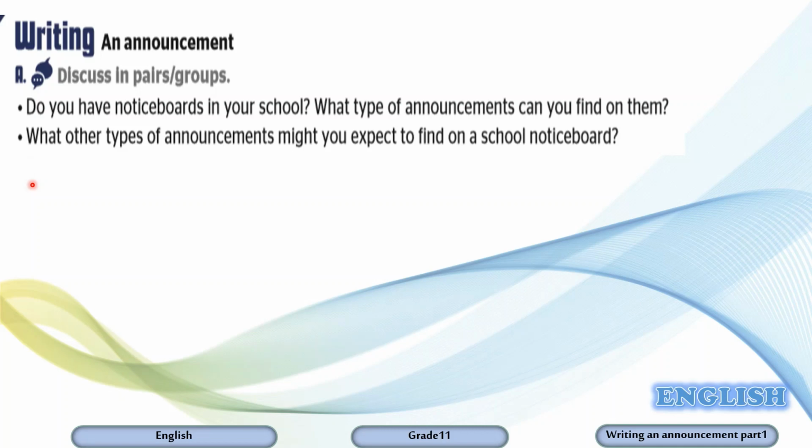Alright, now please keep your books open on page 32. We are going to discuss some questions in activity number A. Let's read the first question. Do you have notice boards in your school? And what type of announcements can you find on them? So there are some notice boards that show announcements in the school. So you might have seen some on the walls in your school.